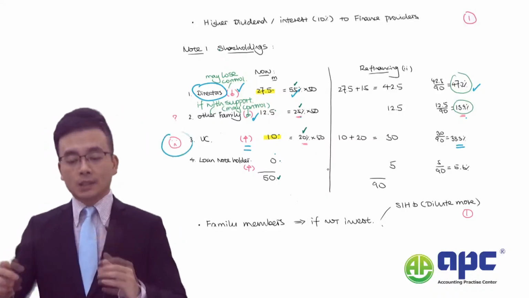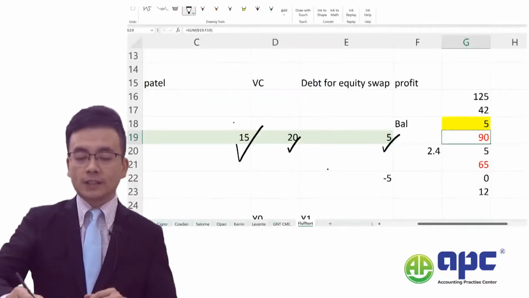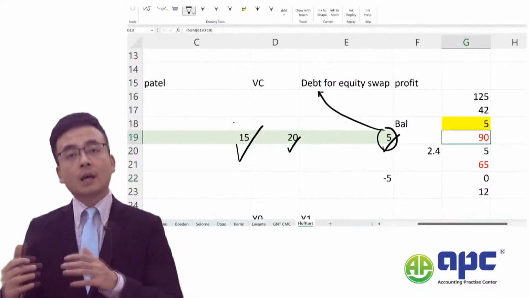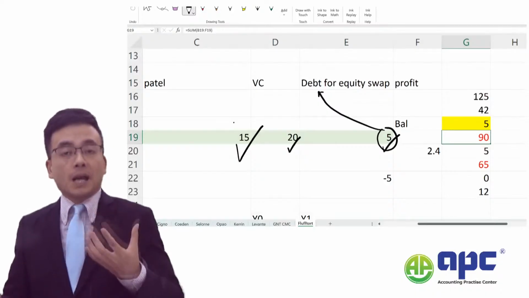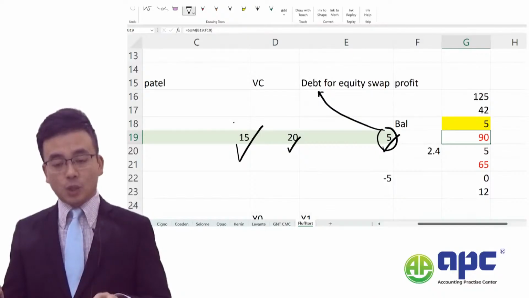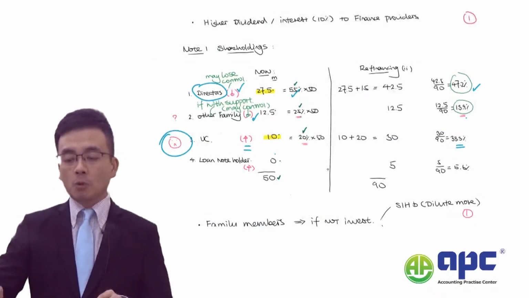The reason is that, as you can see, the VC initially has got debt. Debt is less risky than shares. But now swapping that debt with equity, which means that perhaps they're sacrificing the stable cash flows. And that's why for the VC, they may not be happy about that, even though they've got more shareholdings.